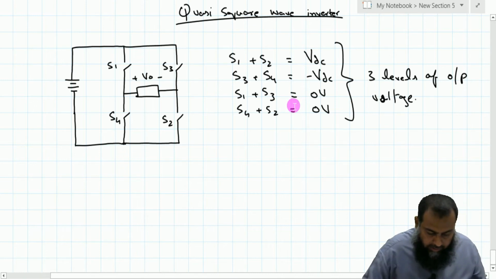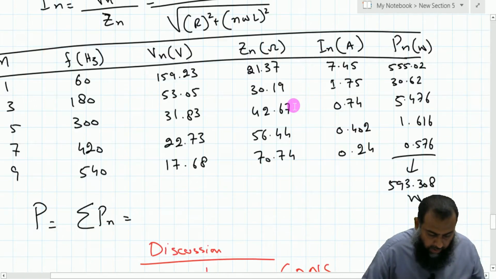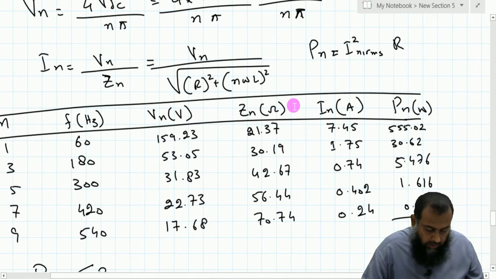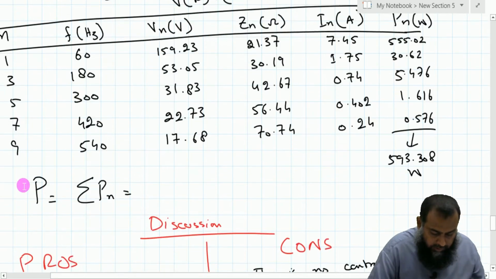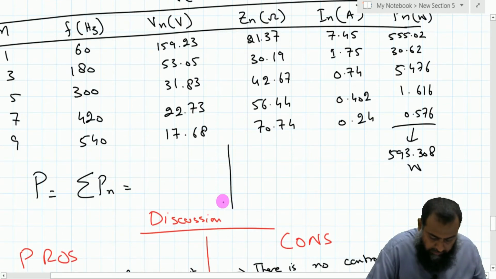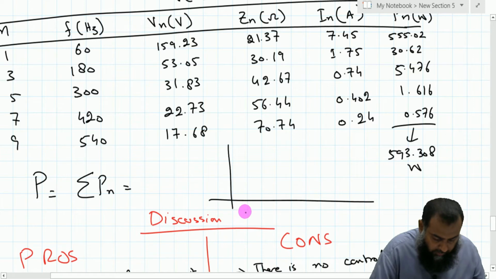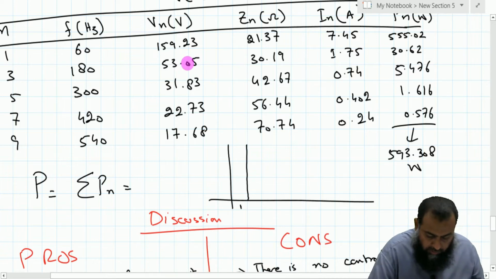Remember that in the last class we utilized the Fourier series to find the harmonic content. You can see here that if this is the fundamental component, which is the first harmonic, then we have the third harmonic with an amplitude around one third of the fundamental, then the fifth, seventh, ninth, 11th and so on.